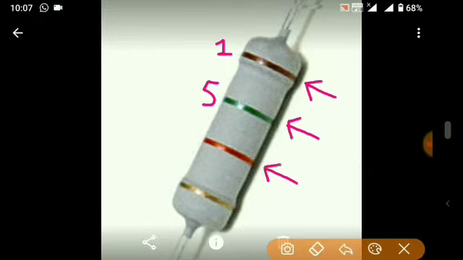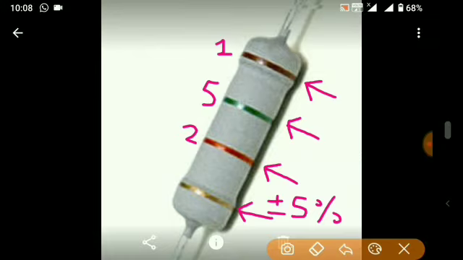The third color is red, it represents 2, and the last is gold, it represents tolerance. How much? It is plus or minus 5%.